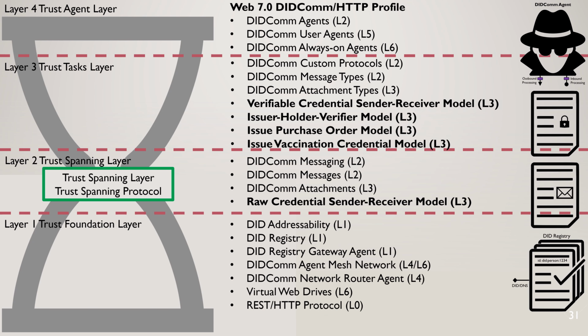To visually emphasize that, we can see these 3 sender receiver models, the issuer holder verifier model, the issue purchase order model, and the issue vaccination credential model, are all derivations of the verifiable credential sender receiver model at the top of the list, and the verifiable credential sender receiver model in turn is a derivation or specialization of the raw credential sender receiver model in layer 2.